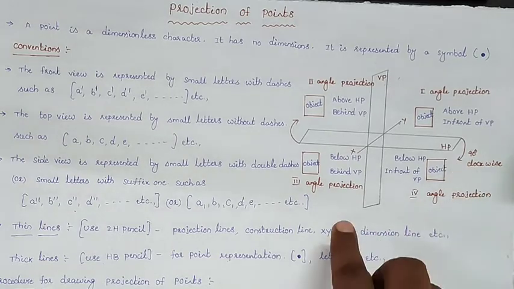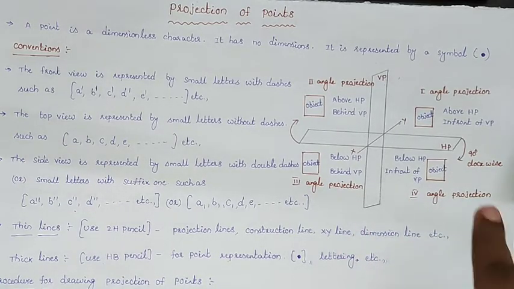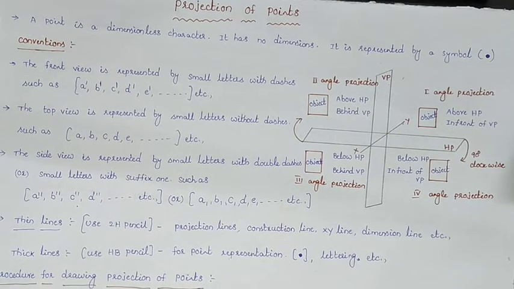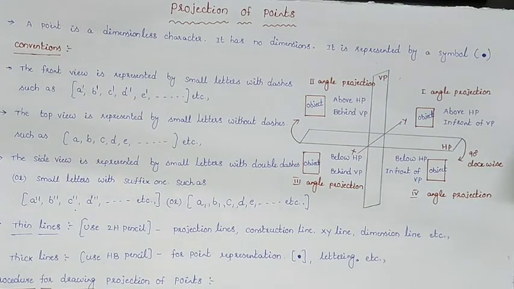Always the horizontal plane is rotated 90 degrees in the clockwise direction, and we draw the projections in orthographic projection. Coming to thick lines and thin lines in projection of points, lines, planes and solids: thin lines like projection lines, construction lines, the XY line and dimension lines are drawn using a 2H pencil.